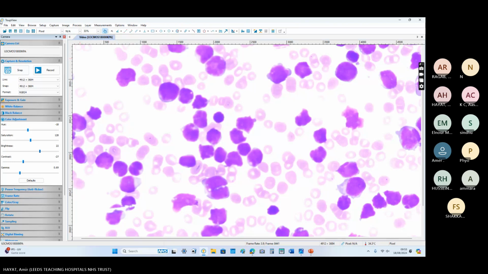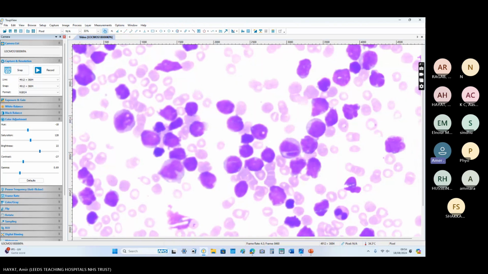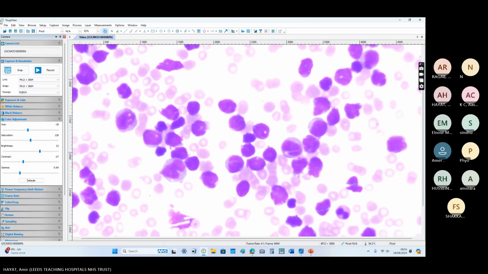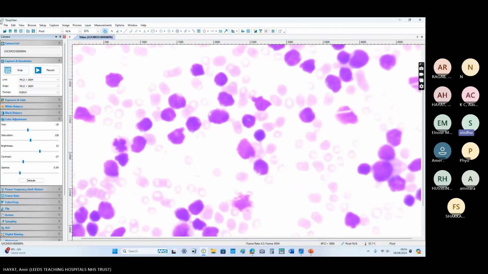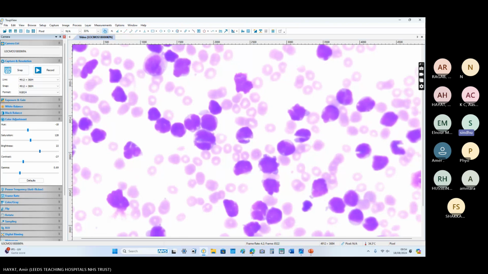Okay. So you have commented on the cells. The film is most likely consistent with leukocytosis, most likely acute leukemia. Acute leukemia. Okay. What next?